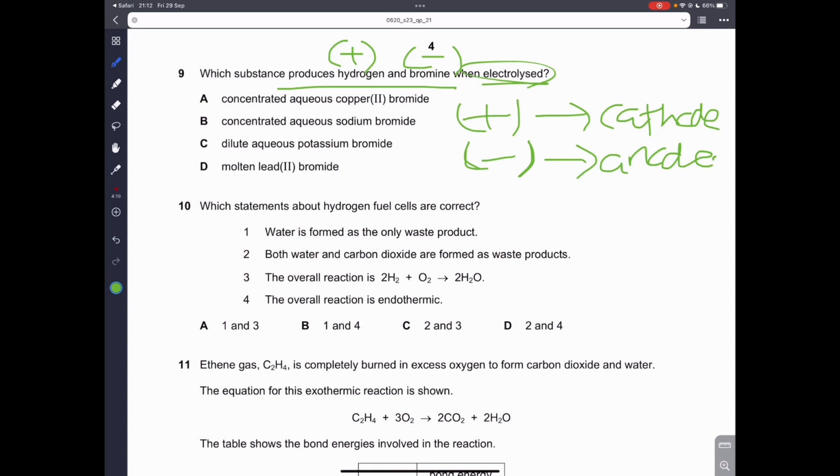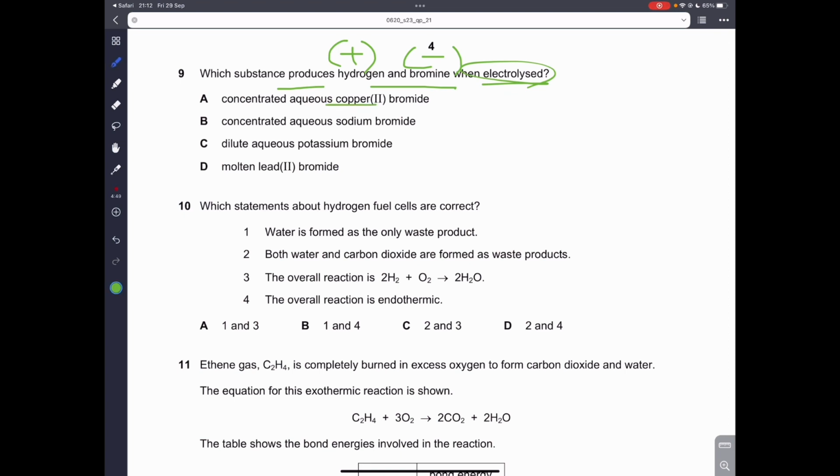Now secondly, we have to know that hydrogen is always produced if you use metals such as copper or sodium. You cannot use copper because copper is below hydrogen in the reactivity series, and remember, as you go down the series, it is easier for the ions to discharge in the case of the metals. So you have to know the reactivity series of the metals as well.